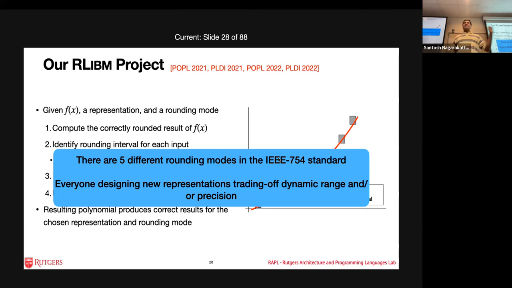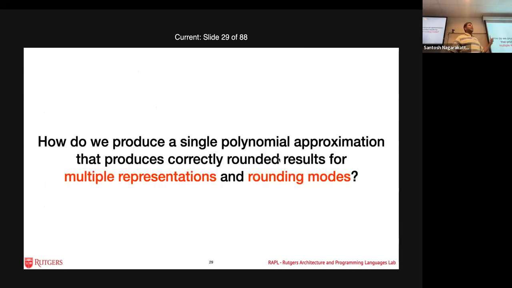The moral of the story is that we now have a technique to generate correctly rounded libraries for one representation and one rounding mode. So can we generate a single polynomial approximation that works for multiple representations and rounding modes? Google is designing bfloat16, a 16-bit representation. NVIDIA is designing TensorFloat32, which is a 19-bit representation. Microsoft has its own MSFP.